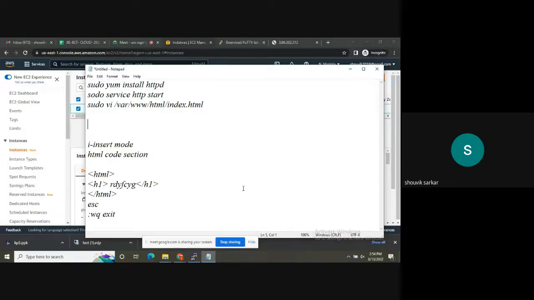What is the specialty, why do we prefer to write an index command? Anyone have any idea? Why do we go with the index command?